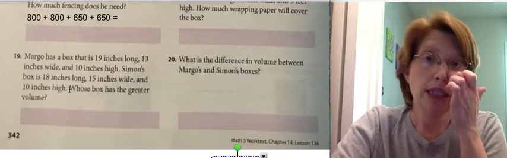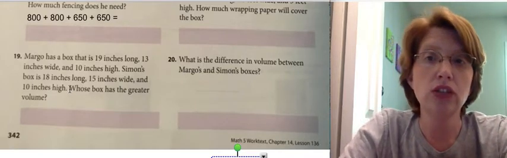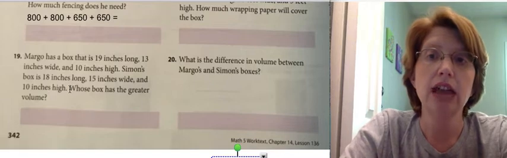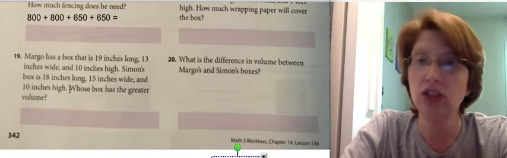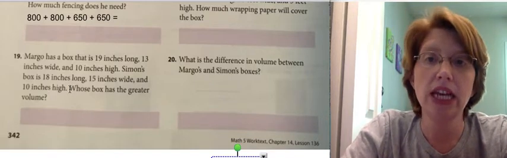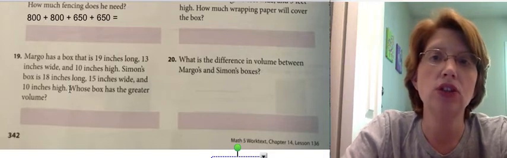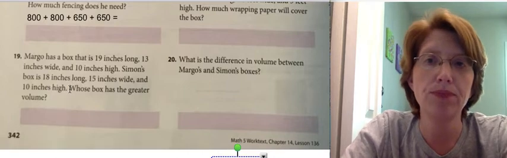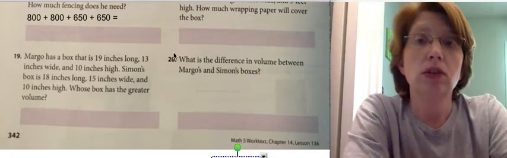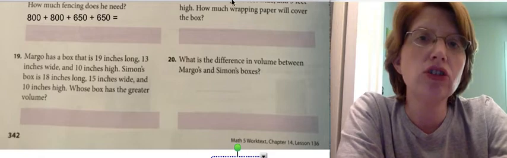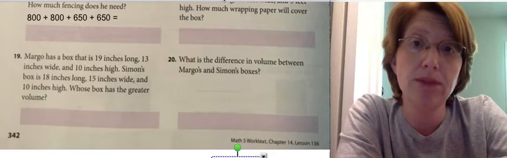Margot has a box that is 19 inches long, 13 inches wide, and 10 inches high. Simon's box is 18 inches long, 15 inches wide, and 10 inches high. Whose box has the greater volume? Now, look, I think there's a way we can do this without even solving it.